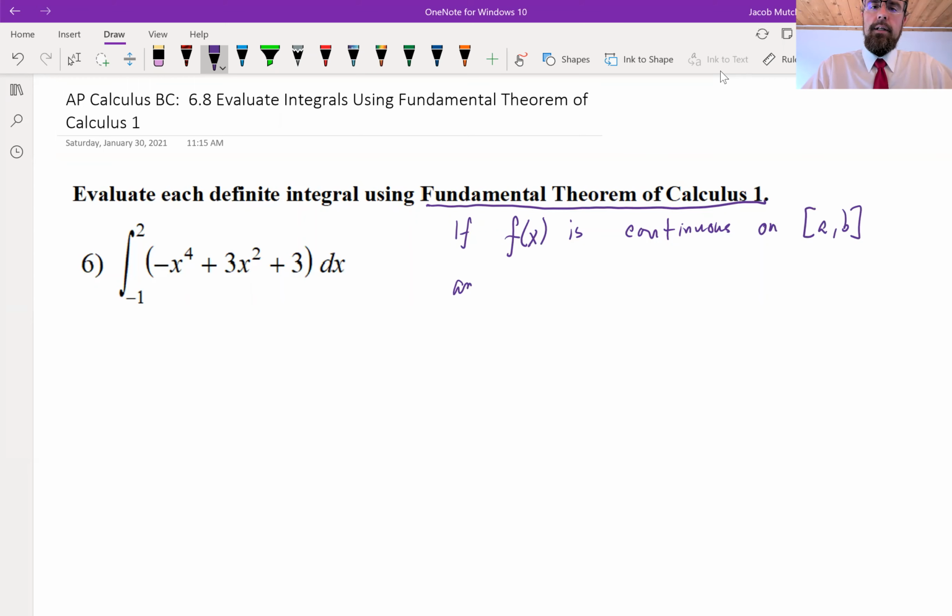And let's consider that capital F of x is an antiderivative of f of x.